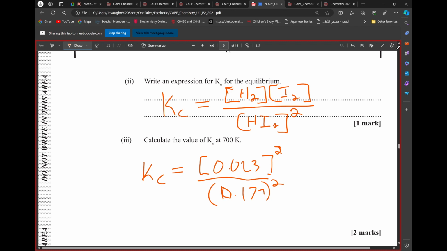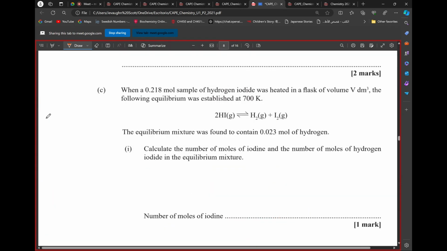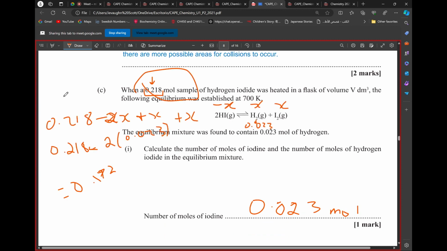So for the ice table, what we're saying is that we initially started with 0.218 of our hydrogen iodide. And then what we have up here now is going to be plus x hydrogen and x iodine. We don't know, right? So what we're saying is the concentration, or technically it's going to be the pressure, but oh well.